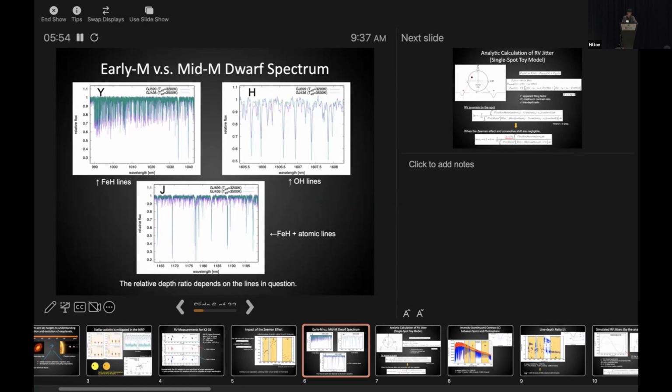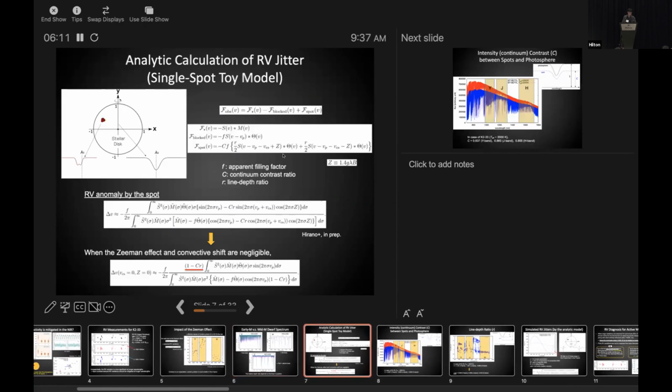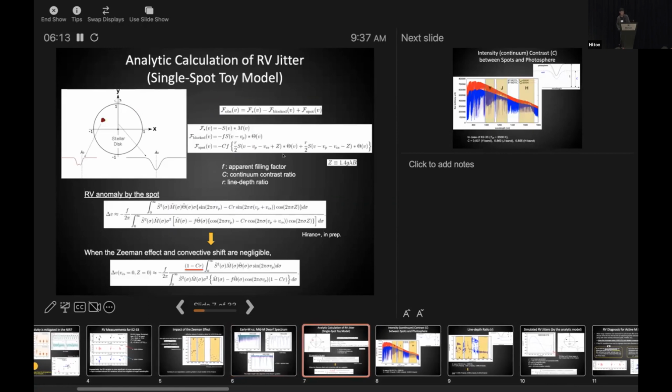So the reverse is true for the H band. We suspected that this difference in the properties of line depth variation could be responsible for the large RV jitter in the H band. So we implemented some analytic calculations to simulate RV jitter.